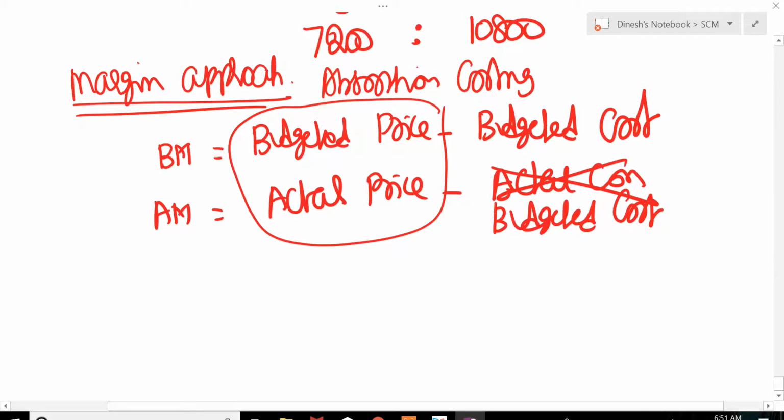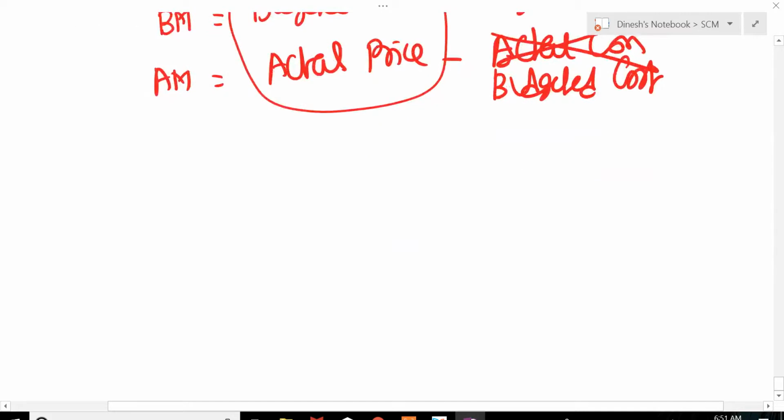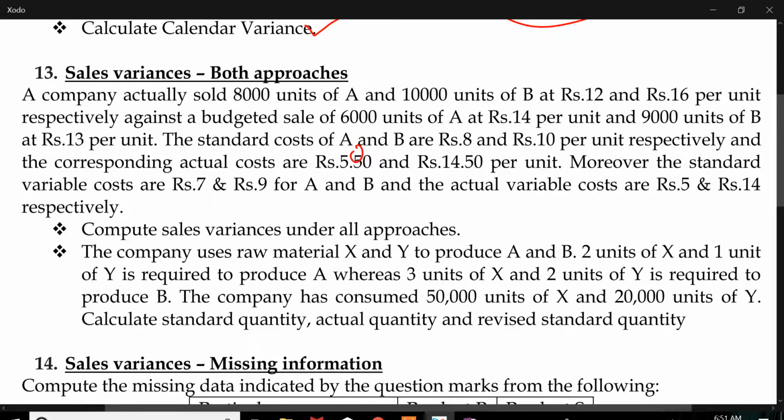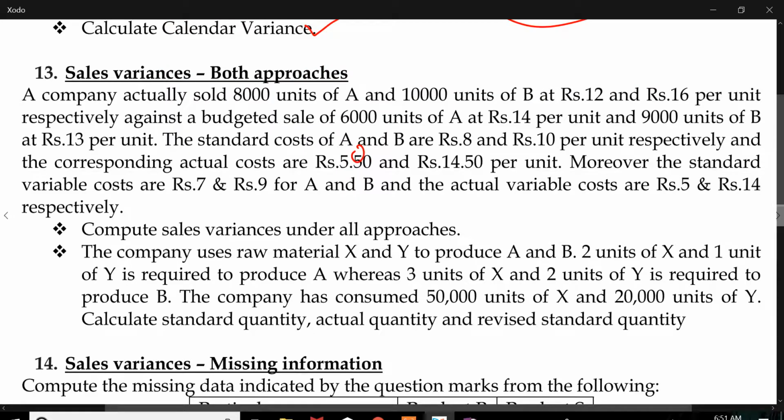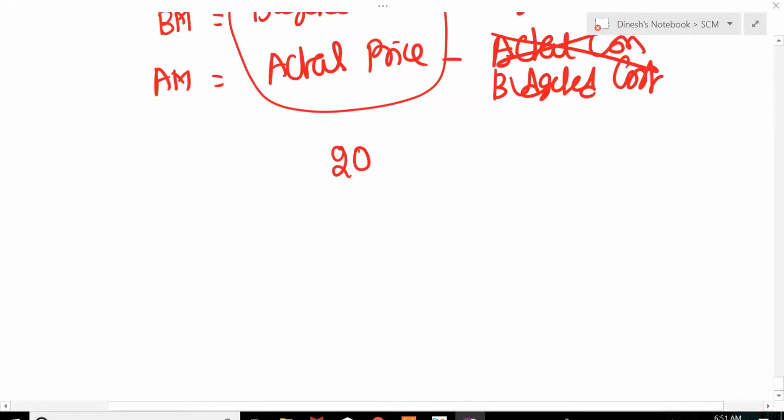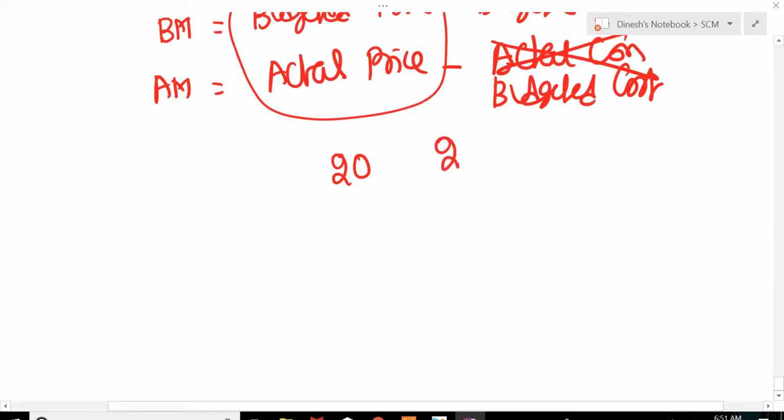Sometimes what will happen is, the company will say we have to sell the product for 20 rupees and the sales manager may sell it for 24 rupees. Now it's a good job by him, you will have to appreciate him for this. But what will happen is, the cost was 10 and this time it is 15.